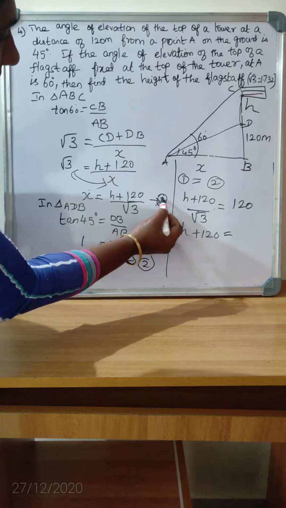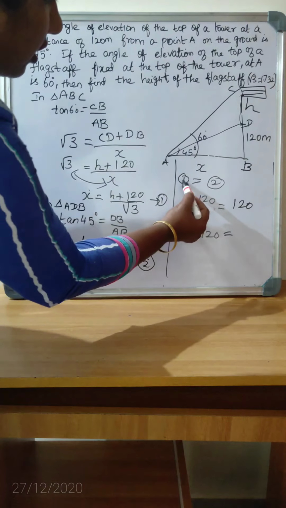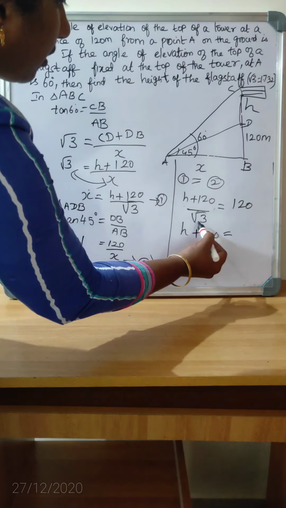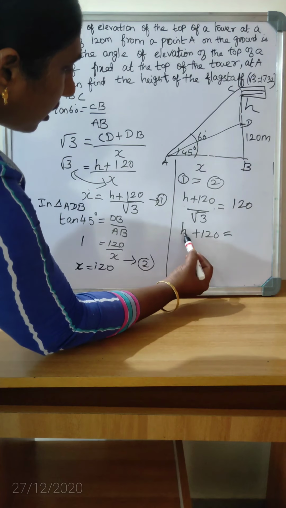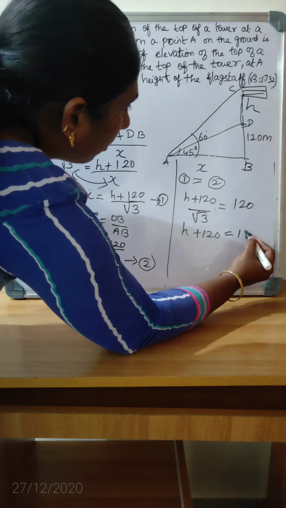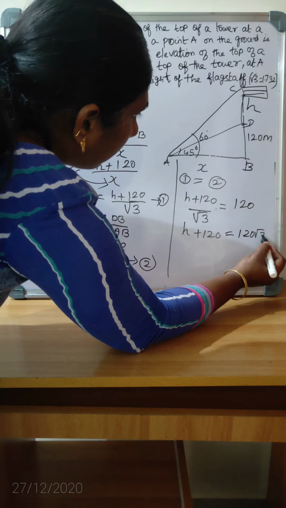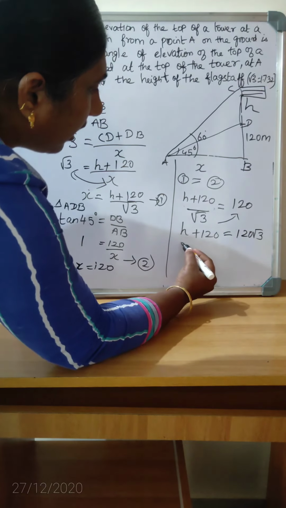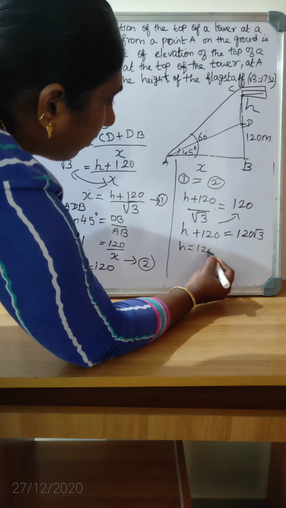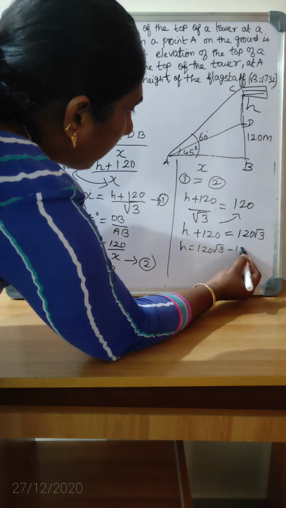Here we are equating equation 1 equal to equation 2. So h plus 120 by root 3 equal to 120. So h plus 120 equal to 120 root 3, this root 3 I am multiplying here. So h equal to 120 root 3 minus 120.